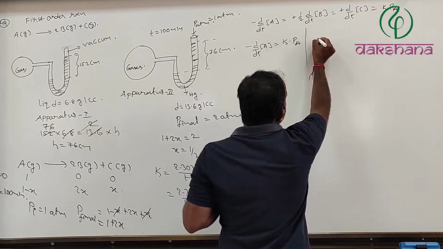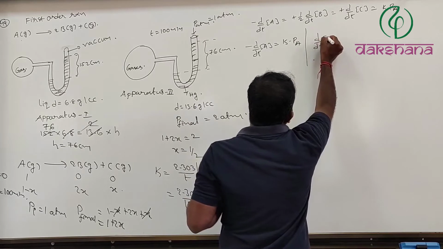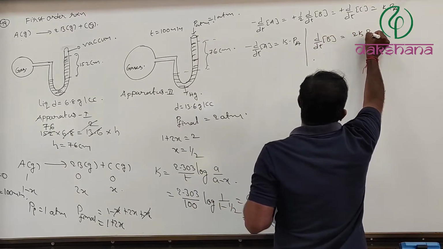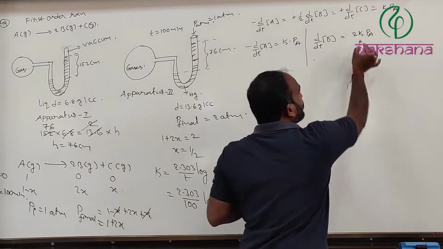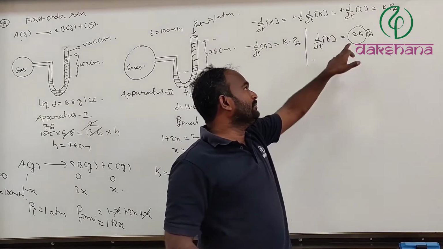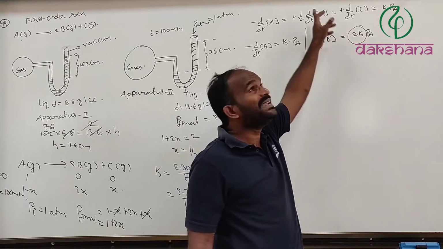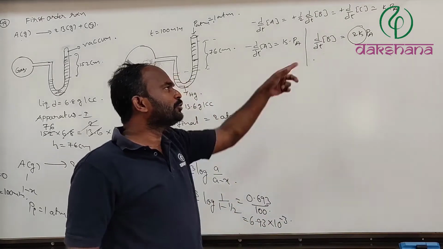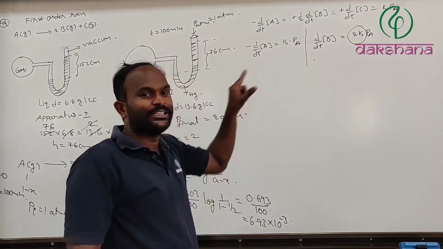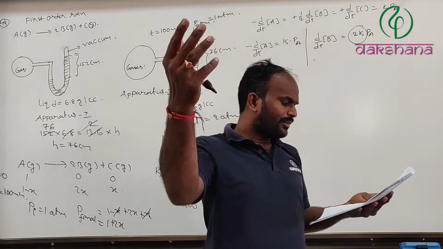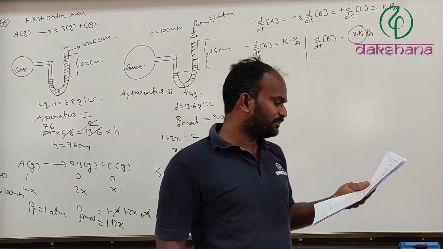Whereas d by dt of concentration of B, the rate of appearance of B, will be 2 into K into partial pressure of A. Therefore, this value is going to be 7 into 2, that is equal to 14 into 10 power minus 3. So that is a wrong option.